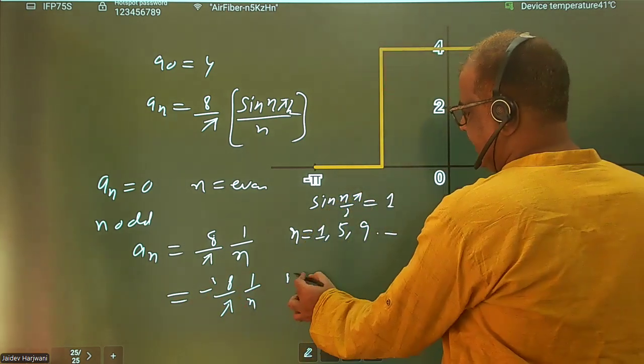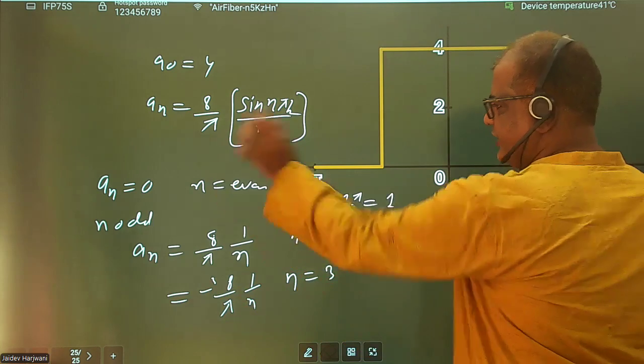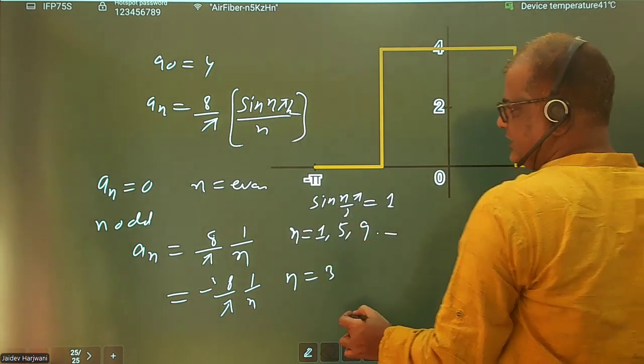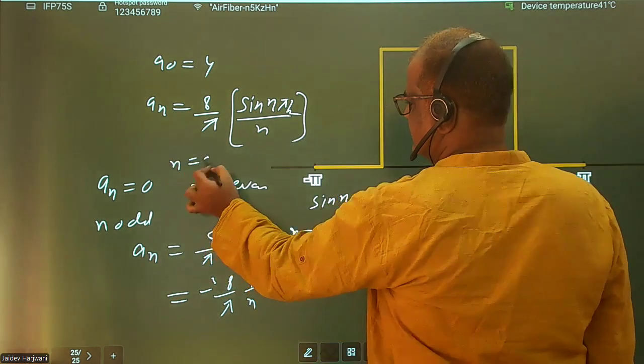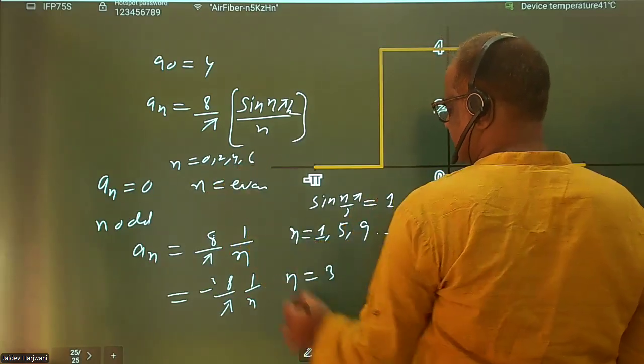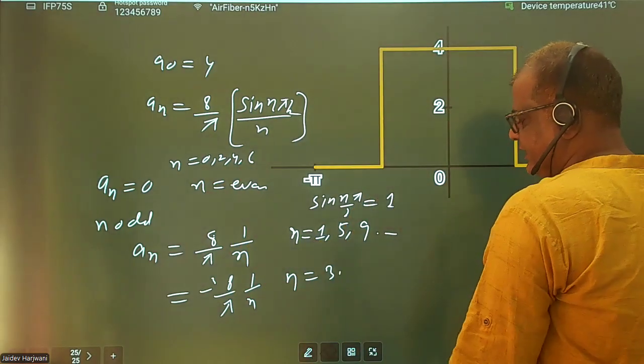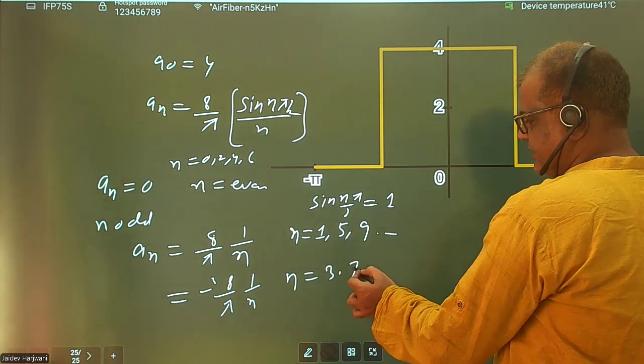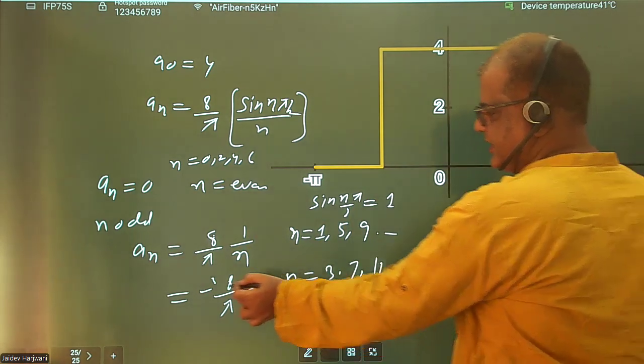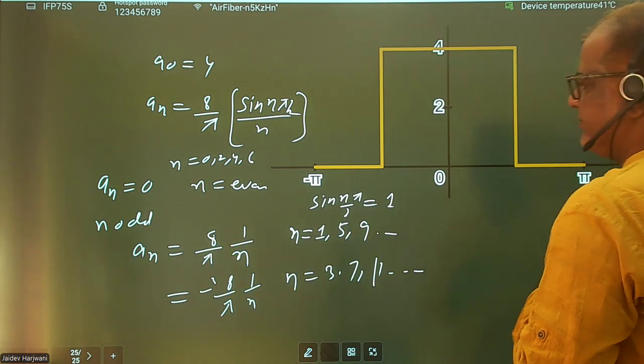When n is even, it is 0. For n equal to 3, 7, 11, in those cases, the term will become negative.